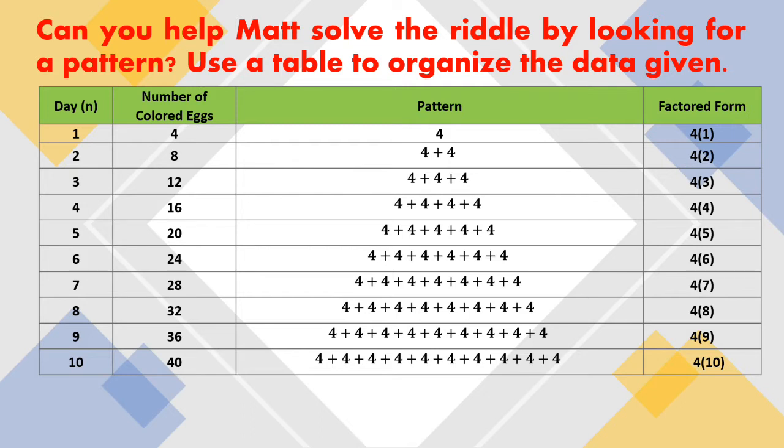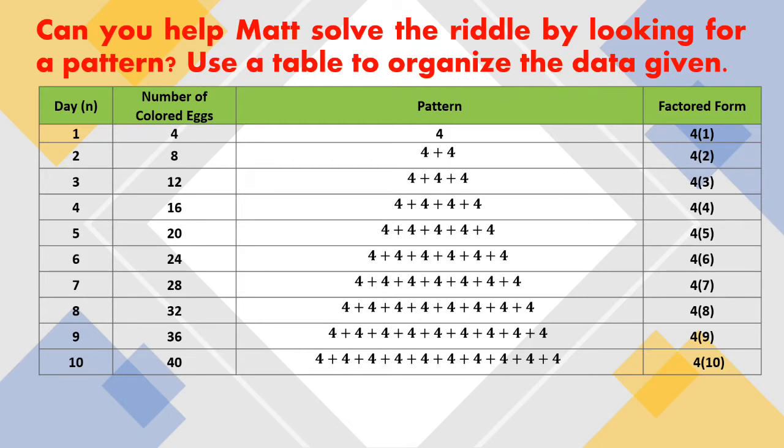On the second day, Humpty Dumpty collected 8 colored eggs, so the pattern is 4 plus 4. On the third day, the number of colored eggs is 12, so the pattern will be 4 plus 4 plus 4.